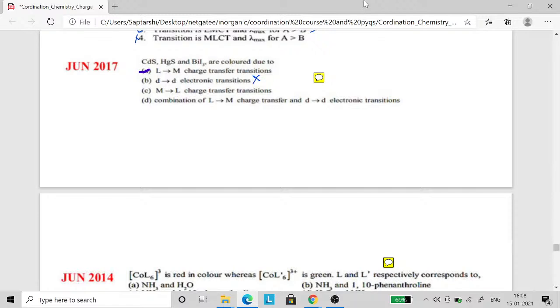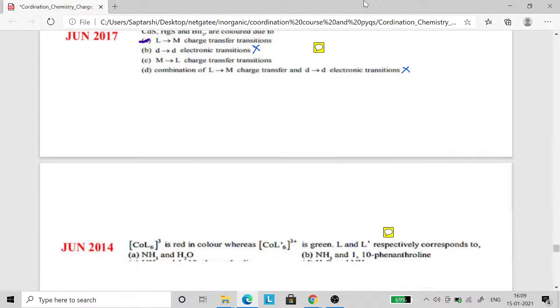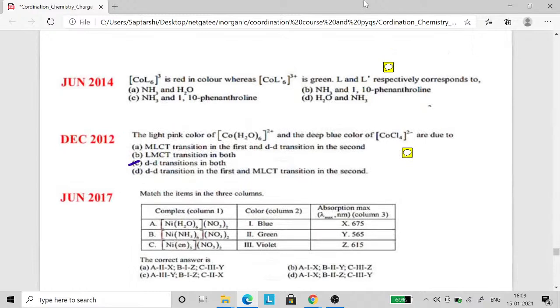And the combination of LMCT and d-d can also be cancelled out, right? So it's basically up to your L2M or M2L. And we know that oxygen and sulfur, both of them can donate, as well as the halogens. So it's actually a ligand to metal transfer, right?